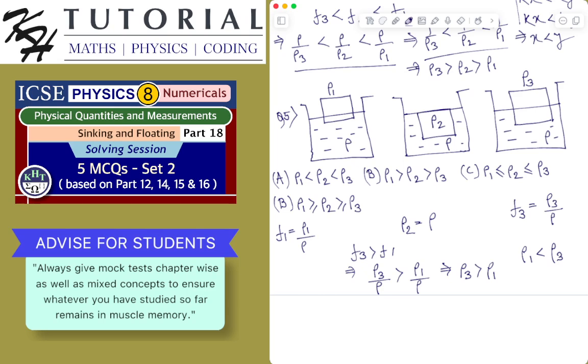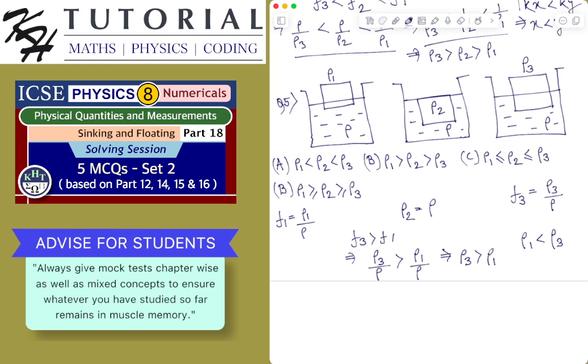Also note that we got a relation between rho 1 and rho 3. What about rho 2? How do we compare rho 1 with rho 2 or rho 3 with rho 2? Since all the bodies are floating, the density of the body has to be less than or equal to the density of the liquid.